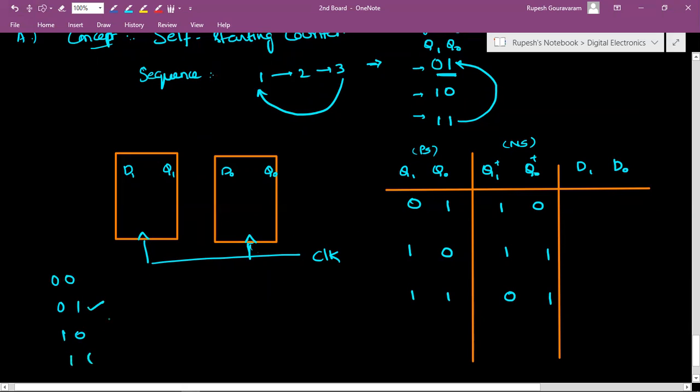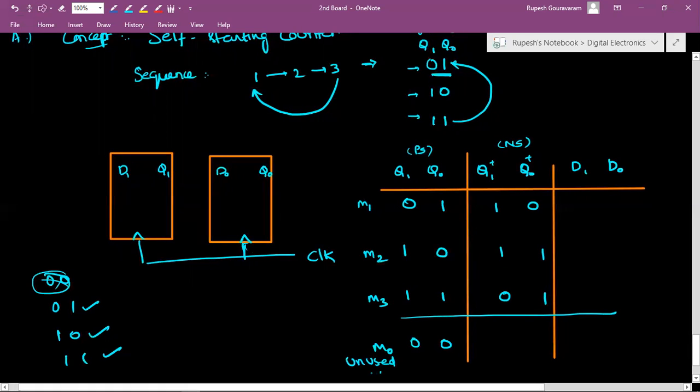So 0 1 is touched, 1 0 is touched, and 1 1 is also included. 0 0 is missing, so that 0 0 we call don't care. We don't care about 0 0. Now this is minterm M1, M2, M3, and this is M0. So this is the unused state.